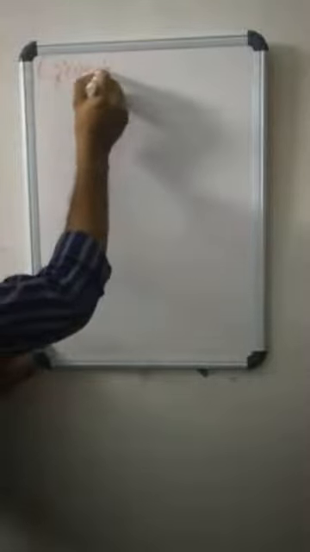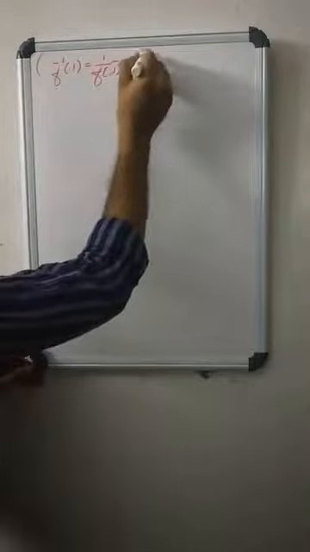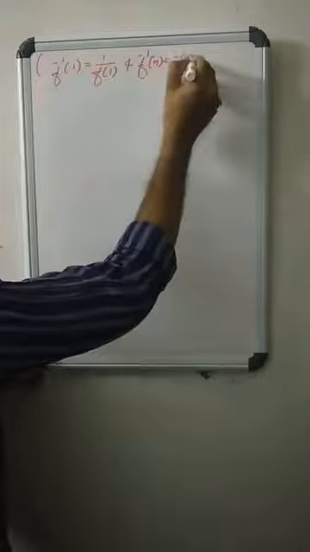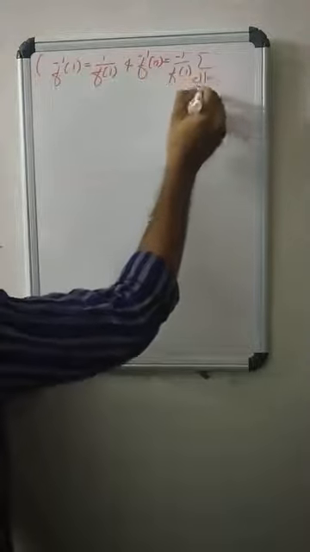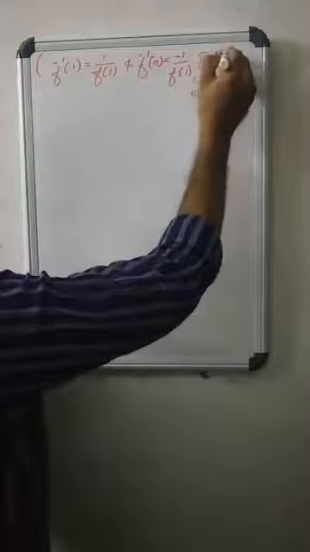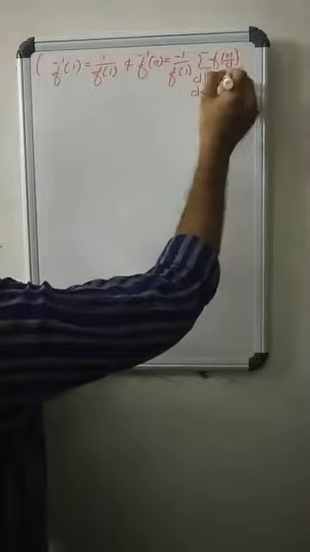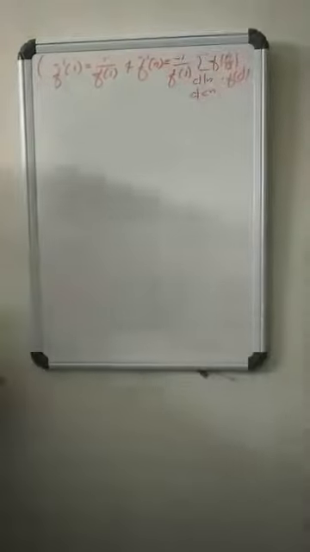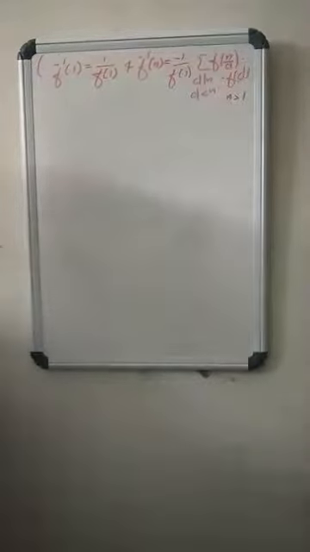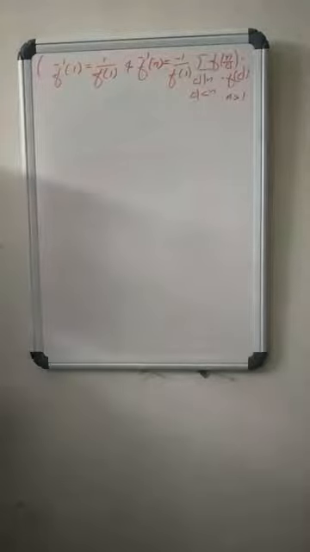Now we prove that f inverse of 1 equals 1 by f of 1, and f inverse of n equals minus 1 by f of 1 into sigma over d divides n, d strictly less than n, of f of n by d into f inverse of d, when n greater than 1. So this can be proved.